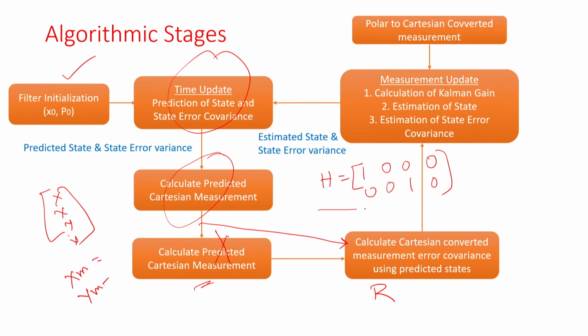That is why I was able to write this linear H matrix. Otherwise I could not have, because I want my measurement to be a function of my state. If I make it a linear function, not a non-linear function, then only can I use a linear filter. Otherwise, I have to go for EKF.